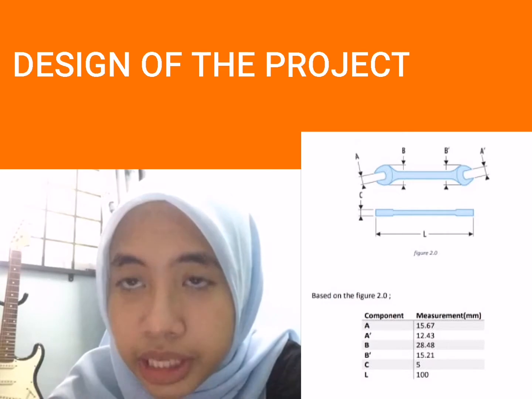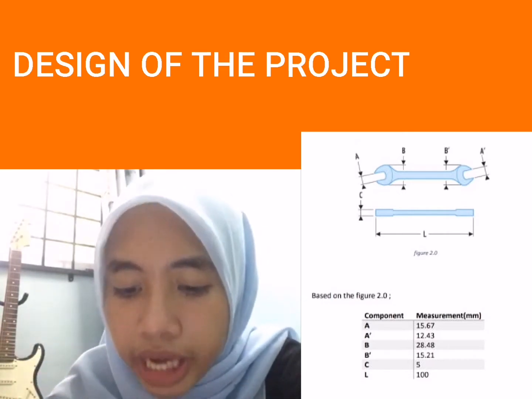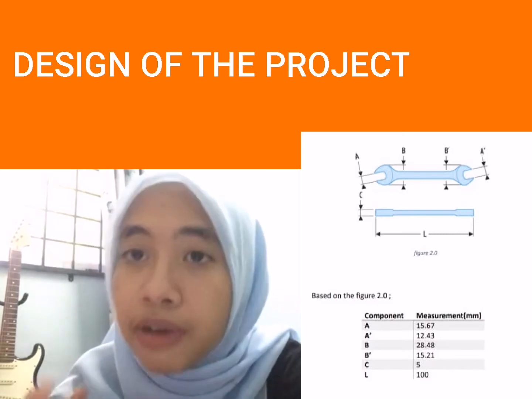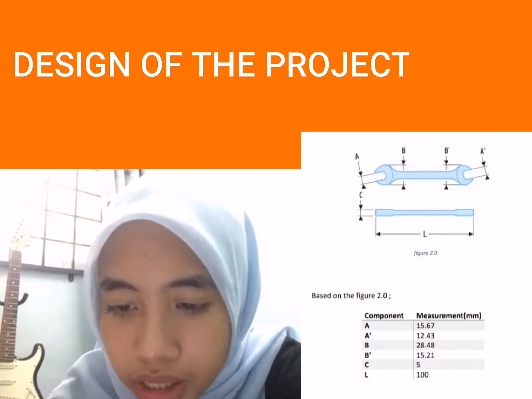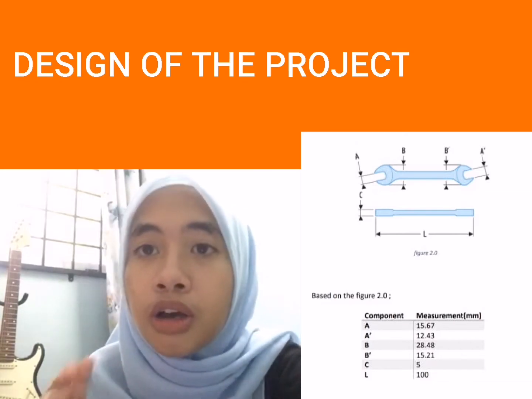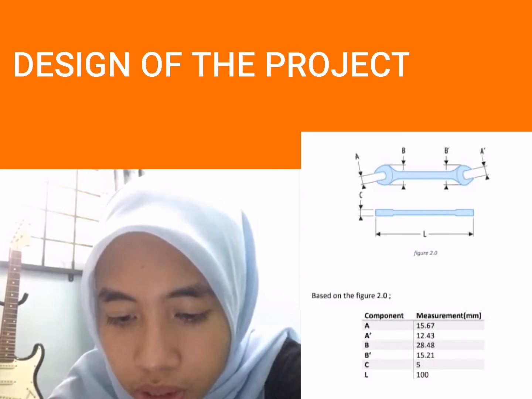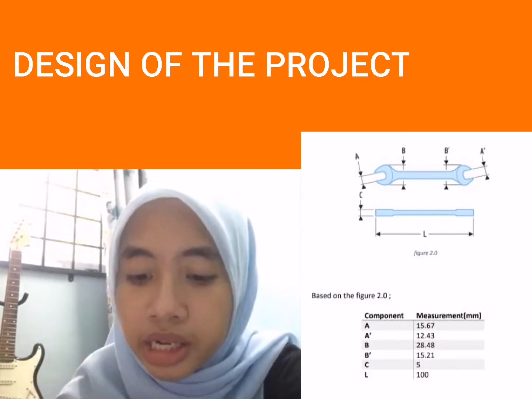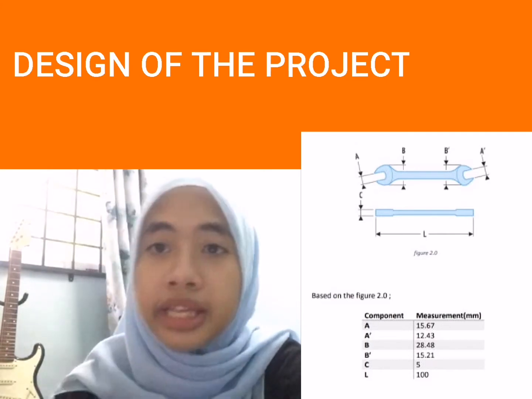For the smaller size part, it has 5 millimeter as its thickness also, and they have 12.43 millimeter apart. So the length of the spanner is 100 millimeter. So I think that's all.